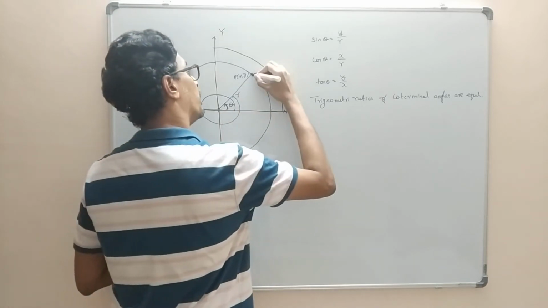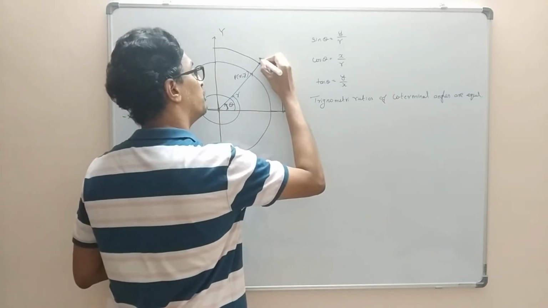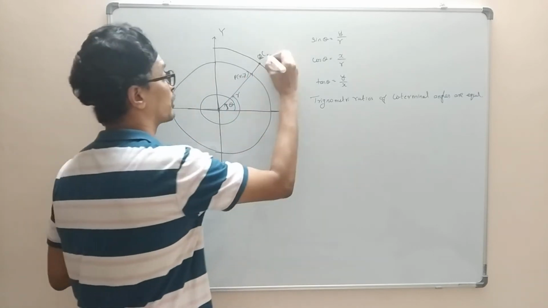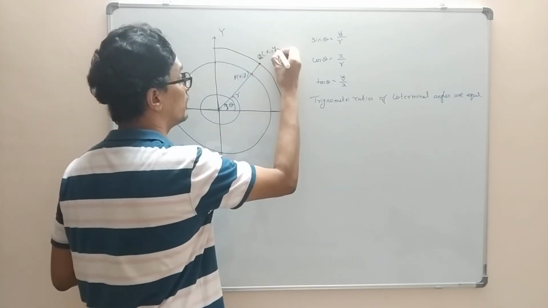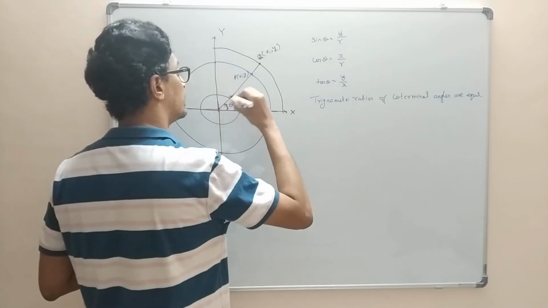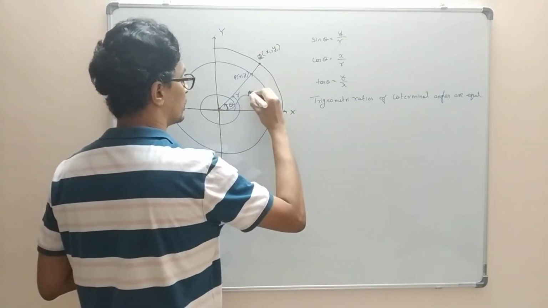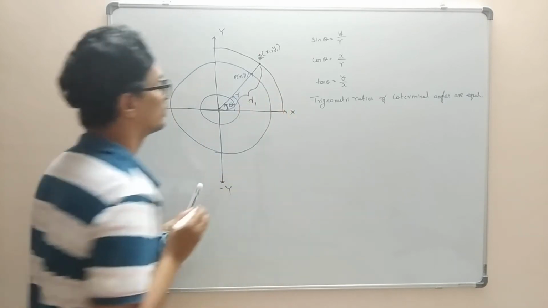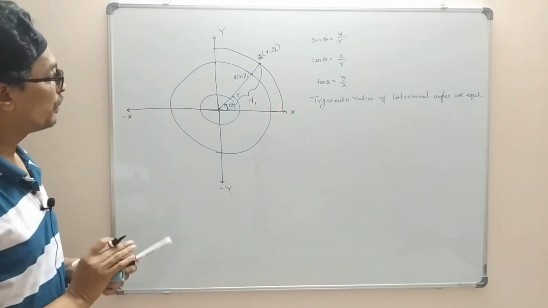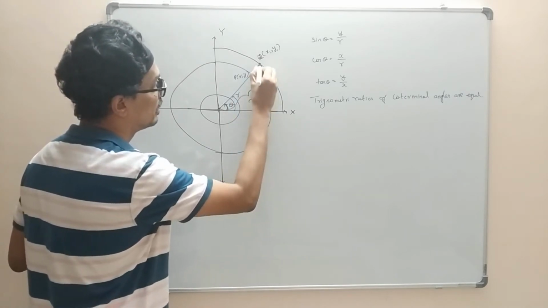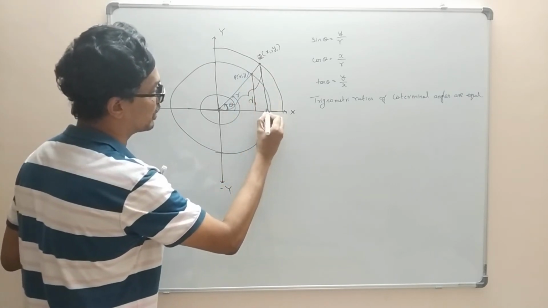I extend it here and call the point Q, with a new x and y. It is not the same x, so it will be x1 comma y1, and this distance will not be r, so I call it r1. Now I drop a perpendicular from here.